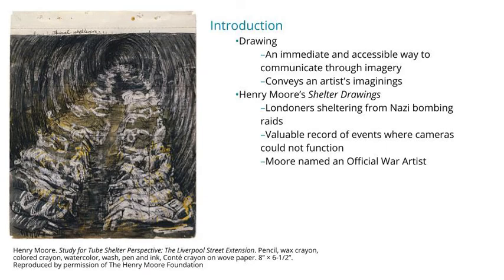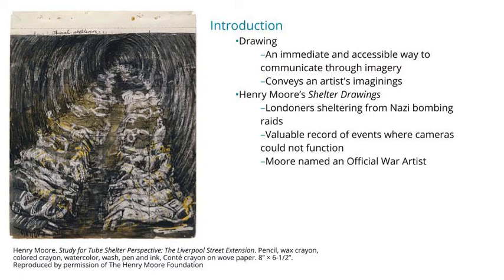As an introduction, drawing is an immediate and accessible way to communicate through imagery, and it conveys an artist's imaginings, or at least it can. So here is an example of not conveying imaginings, but conveying what was in front of them. These shelter drawings by Henry Moore depicted Londoners as they were sheltering from Nazi bombing raids, and they offered a valuable way to record events when cameras couldn't function.